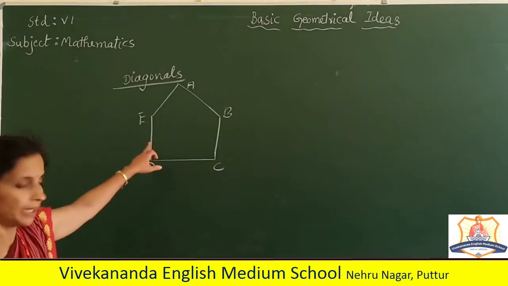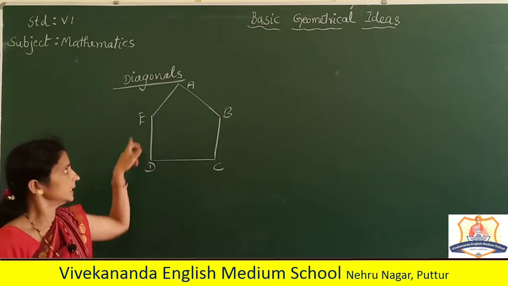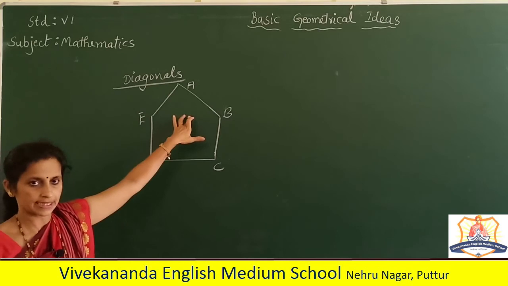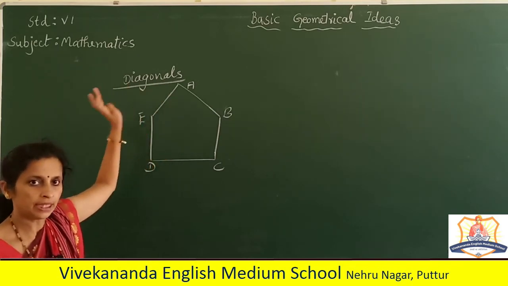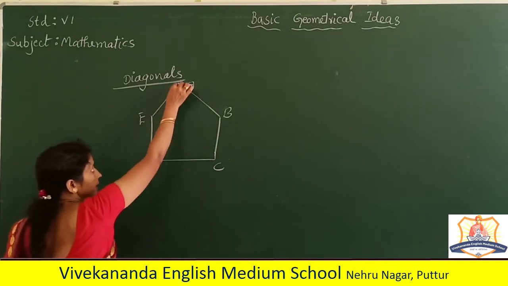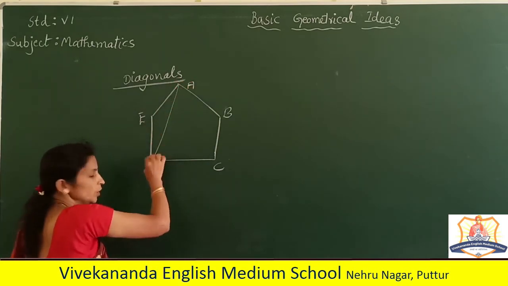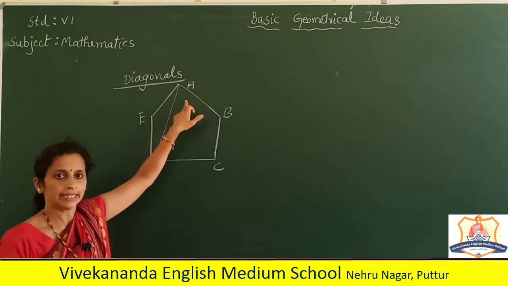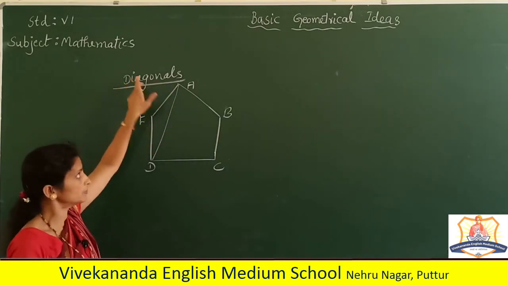See here one pentagon, ABCDE is the pentagon. Here you can see 5 sides, 5 vertices. Now we join the opposite vertices. If you join these two vertices, you get one straight line, and this straight line AD is known as a diagonal of this pentagon.